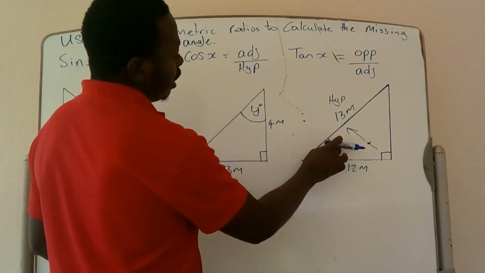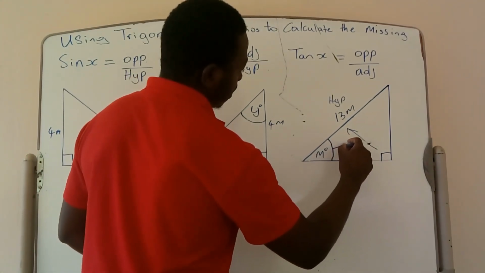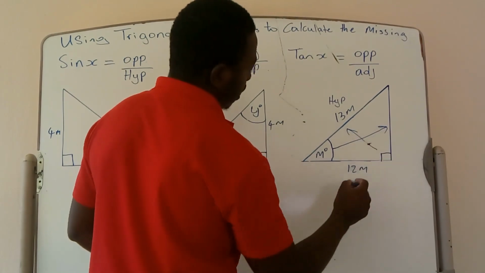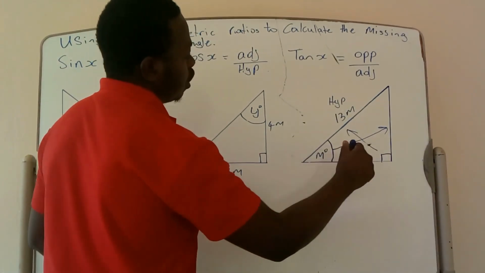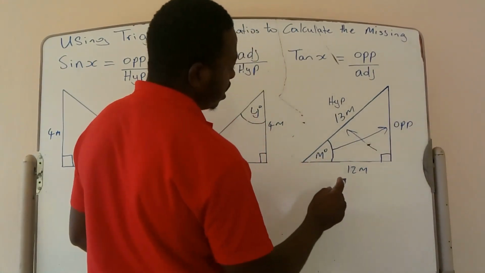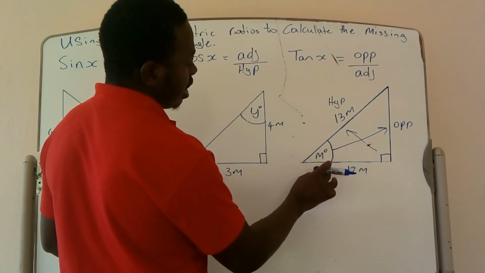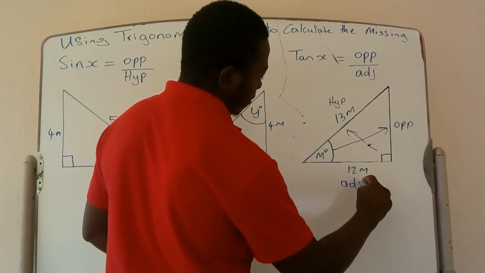We are given an angle. If we draw a line from this side going that direction, then this side that is directly in front of this angle is the opposite side. Which means that this side is alongside the angle, so this side is the adjacent.